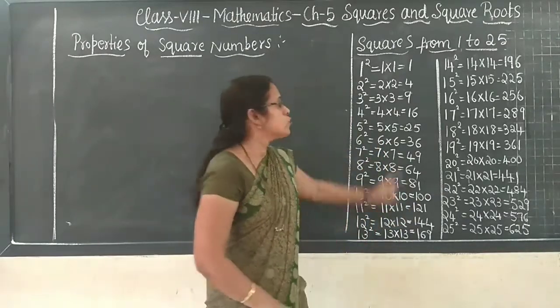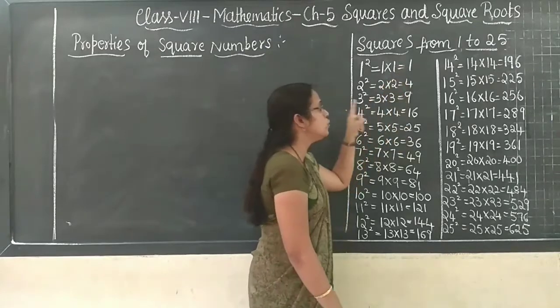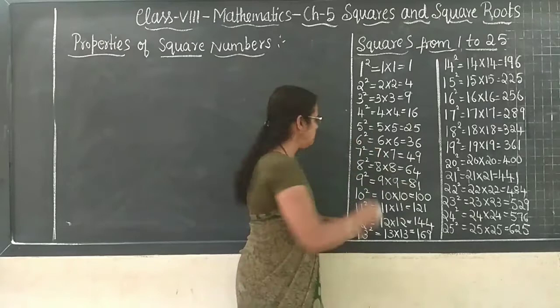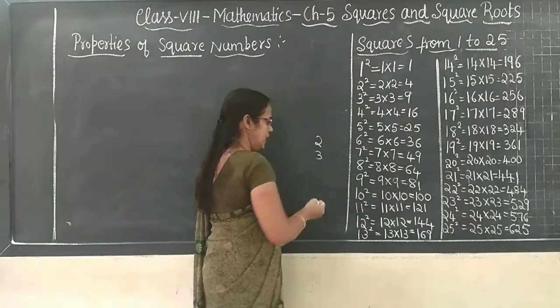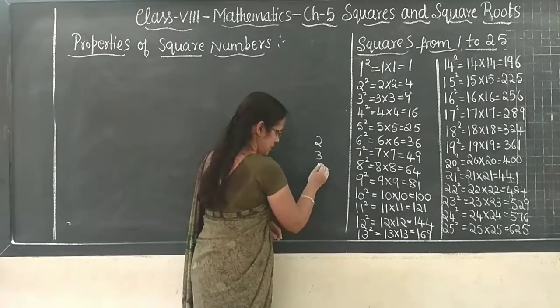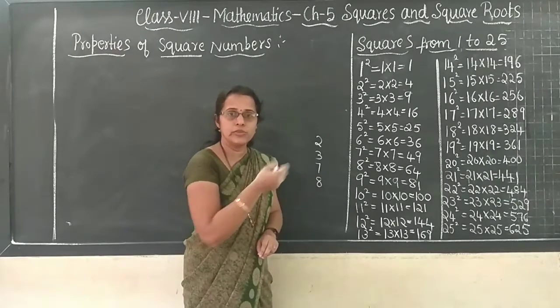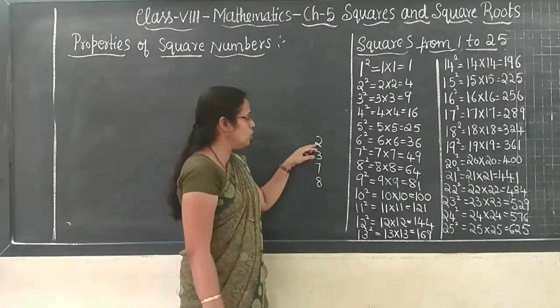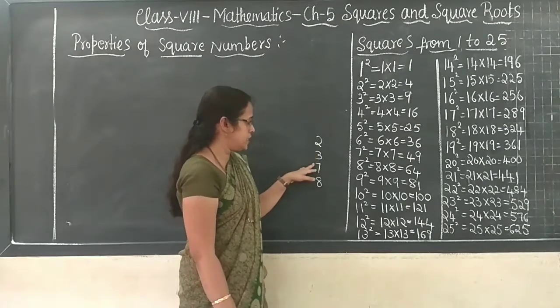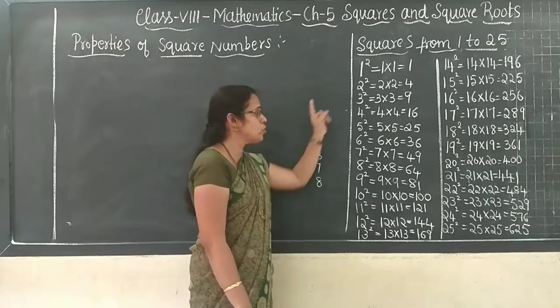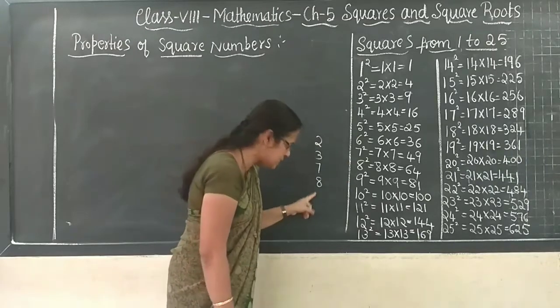Any of the squares ending with the digit 2, 3, 7, 8? No, none of these squares ends with these digits.